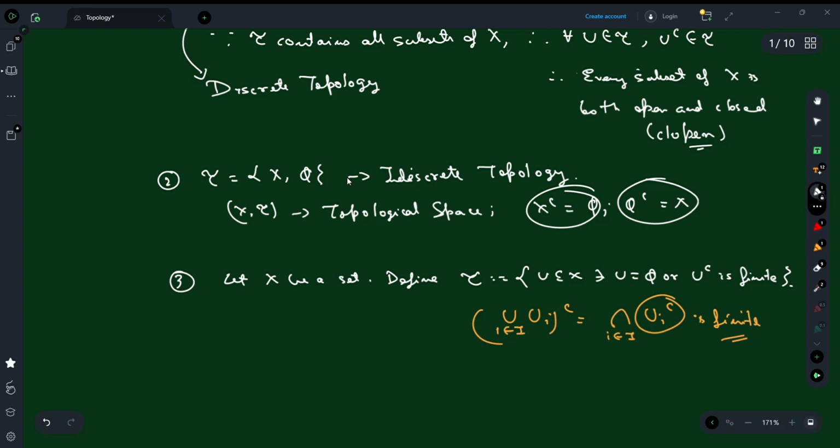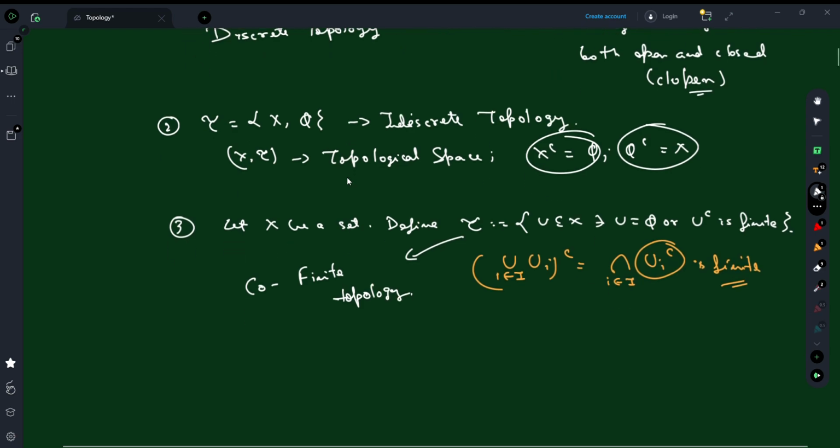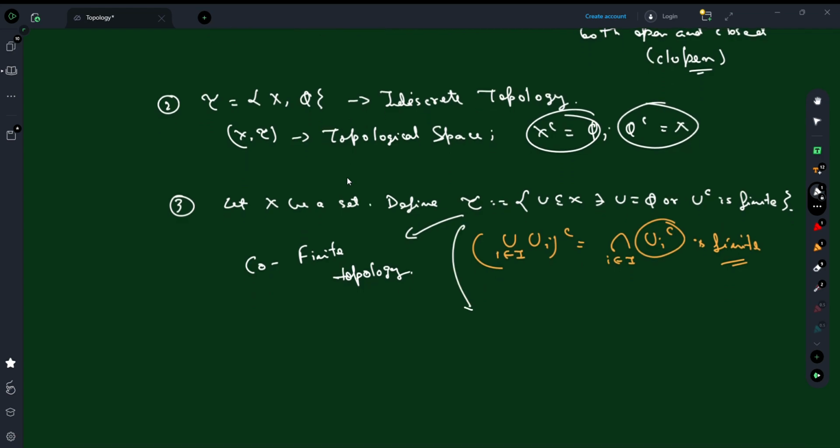This is called the finite complement topology, or also the cofinite topology. We have a similar topological structure where you define the topology as subsets of X such that it's empty or its complement is countable.